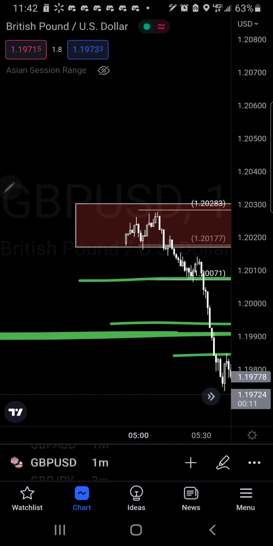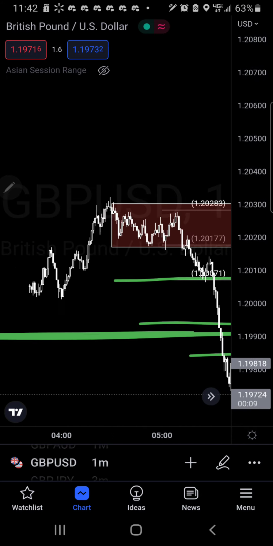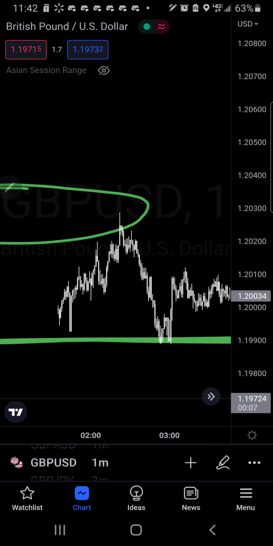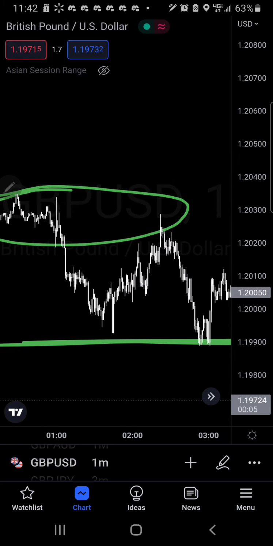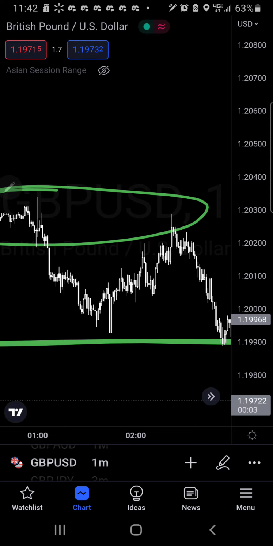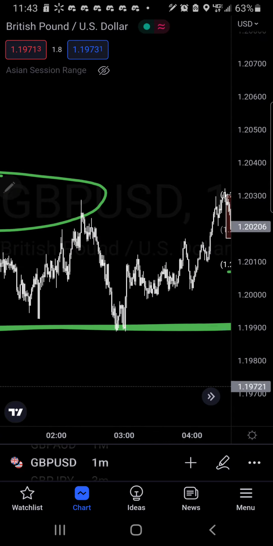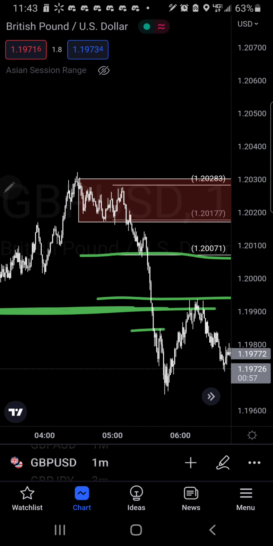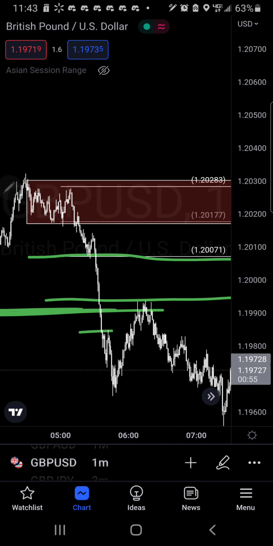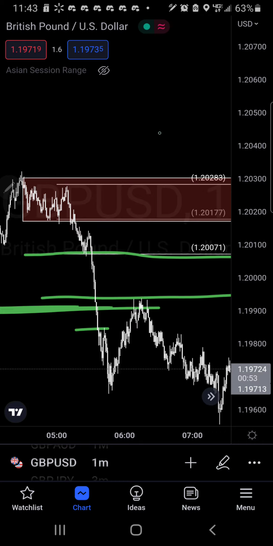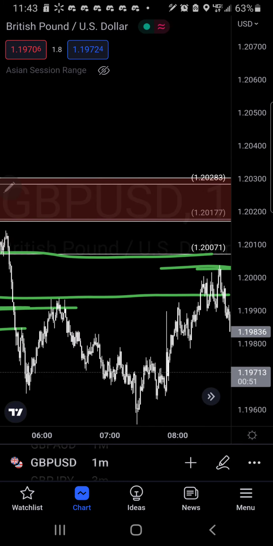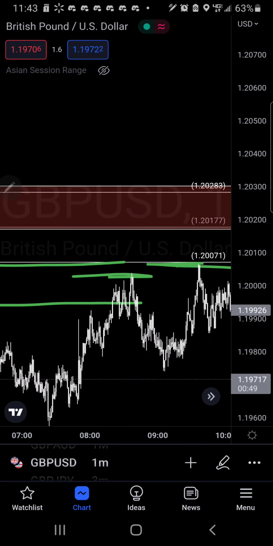Let me see, I'm trying to find the one that I caught just to show y'all. I can't even recognize it anymore. I had it marked, but I erased it because I had too much drawing on my chart, and I was trying to show my students. I was trying to pinpoint something. But the one I caught led me to where we currently are, at 50 pips in profit.